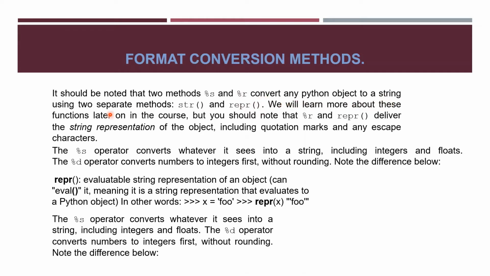We'll learn more about these functions later, but you should note that %r and repr, whatever you call, deliver the string representation of the object, including quotation marks and any escape characters. As you know already, a string will be represented in inverted commas.